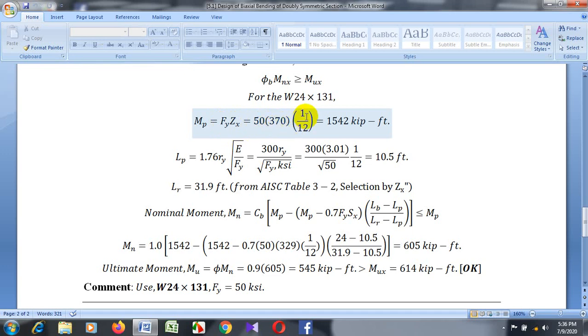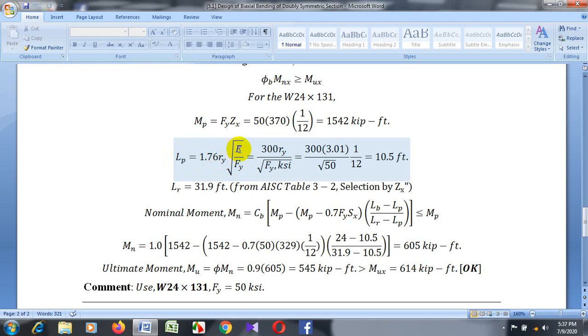370 multiplied by 50 divided by 12, and we get the value Mp, 1542 kip-feet. And now Lp is the plastic limit, 1.76 ry root over E divided by Fy. E is the modulus of elasticity of steel, normally 29,000 KSI should be considered.